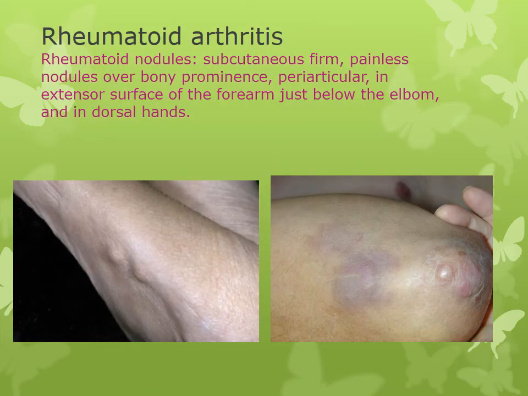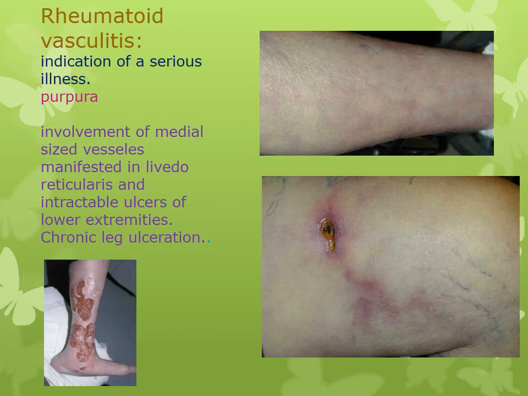Rheumatoid nodules are subcutaneous, firm, painless nodules over bony prominences, periarticular, and on the extensor surface of the forearms just below the elbow, and the dorsal hands. The third type of cutaneous manifestation of rheumatoid arthritis is rheumatoid vasculitis, and the skin lesion depends on the size of the blood vessel involved.